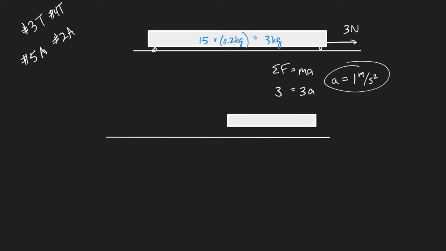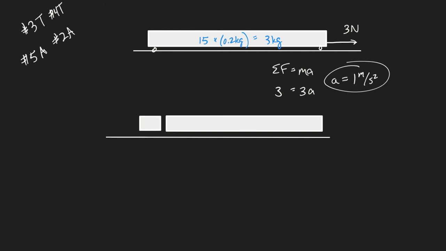So I'm going to separate the cars into 14 cars and 1 car. So the 14 cars are 2.8 kilograms, and this wee little car is 0.2 kilograms. Whether I talk about the 14 cars or the 1 car by itself, they all have the same acceleration.